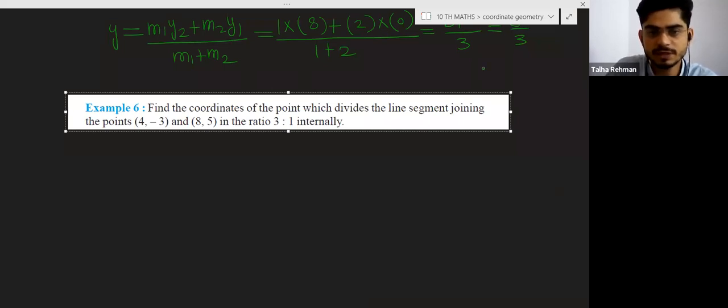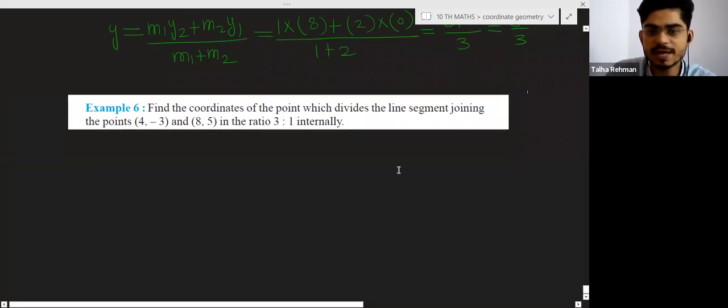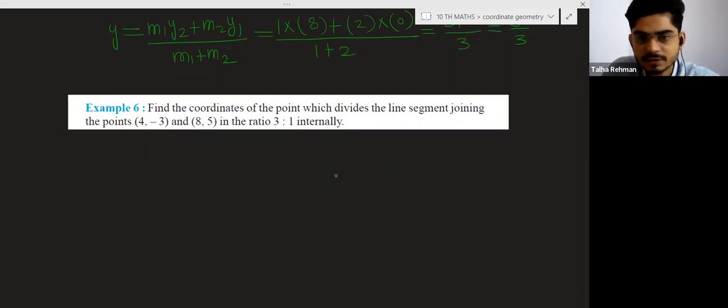So I am solving this. They are saying find the coordinates of the point which divides the line segment joining the points 4, minus 3 and 8, 5 in the ratio 3:1, internally.